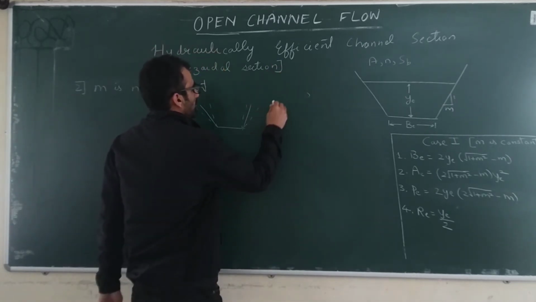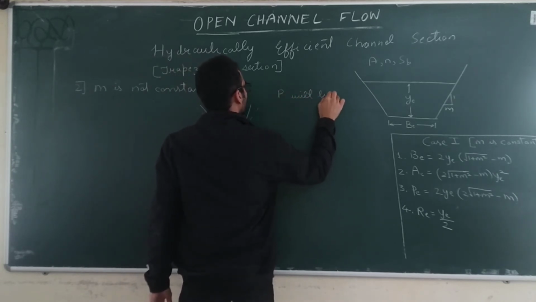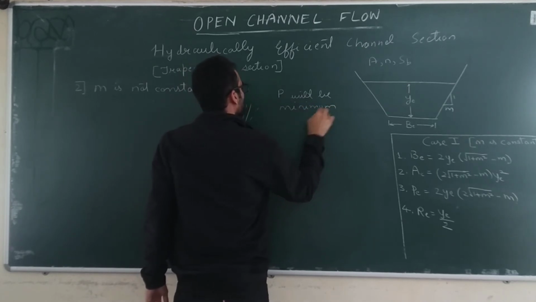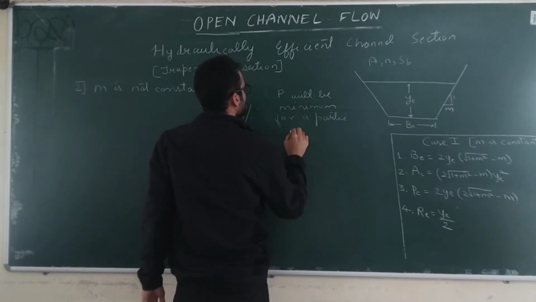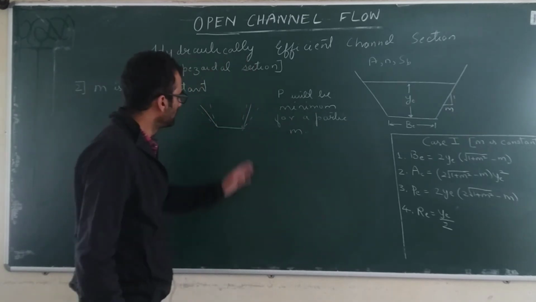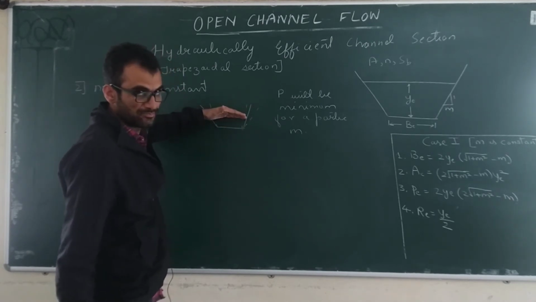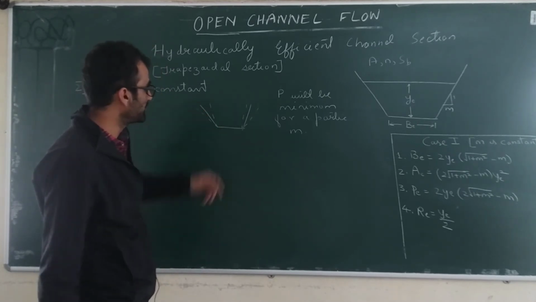So your perimeter will be minimum for a particular side slope m. You keep on changing m, and the wetted perimeter will be minimum at some stage.